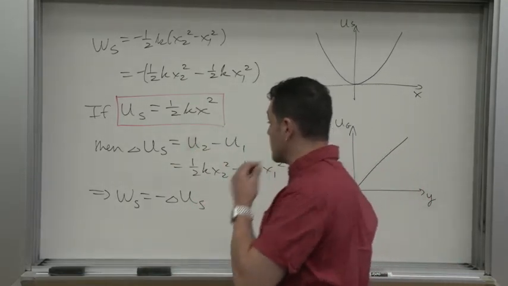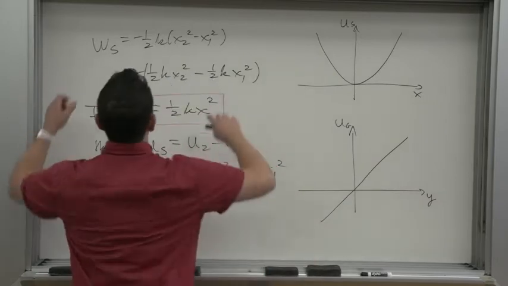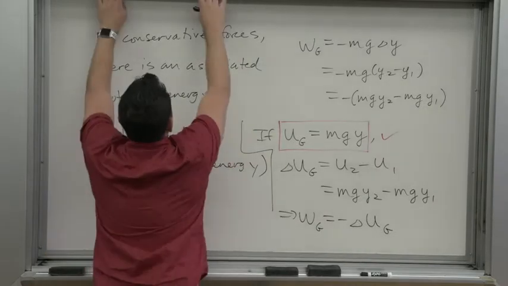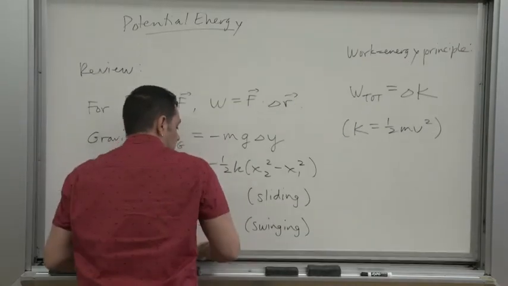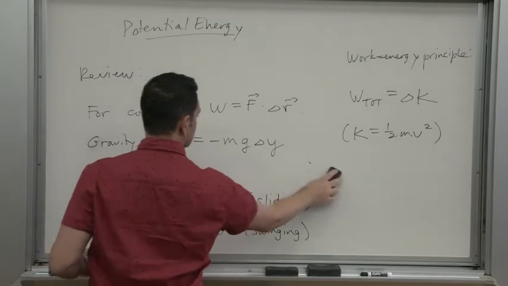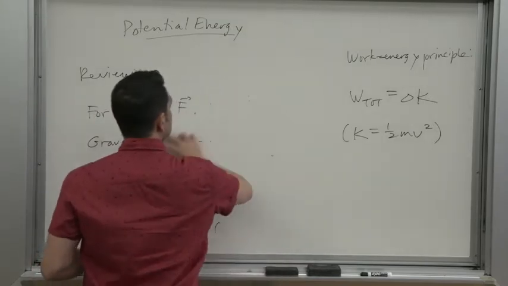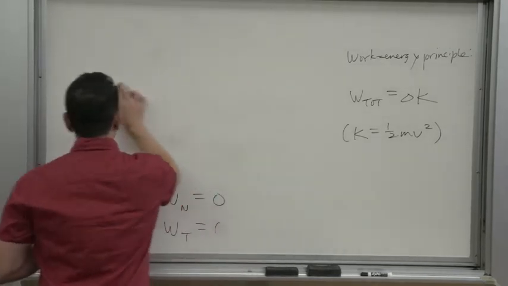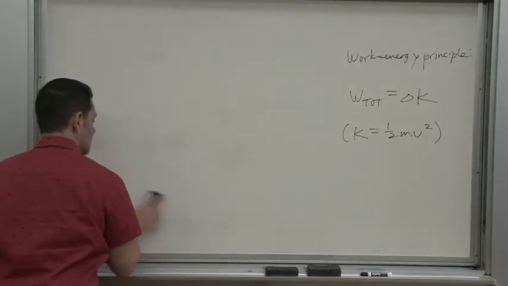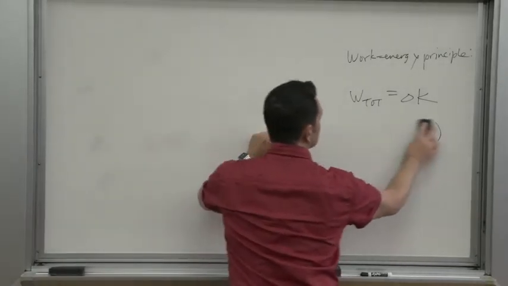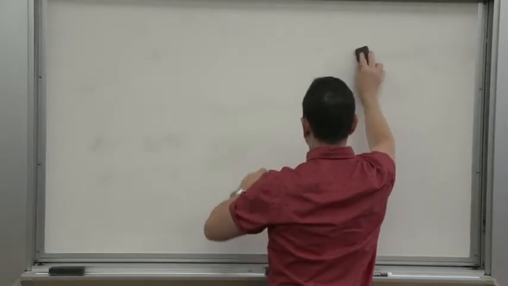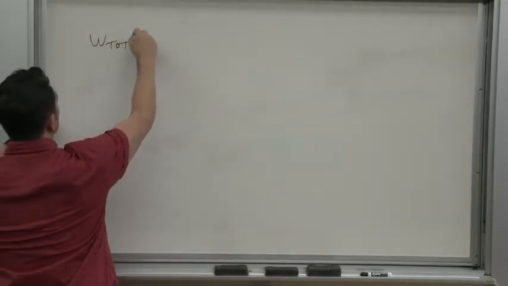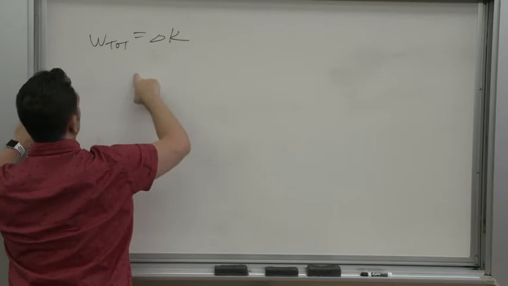And what I'm going to do is write the work energy principle down again, except now I'm going to write it in a little bit more detail. So here it is. Work total is the change in kinetic energy.